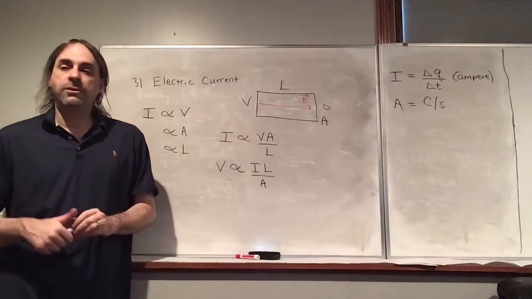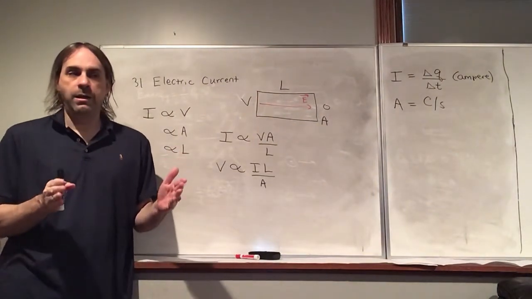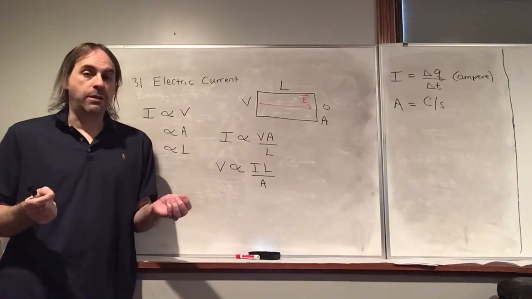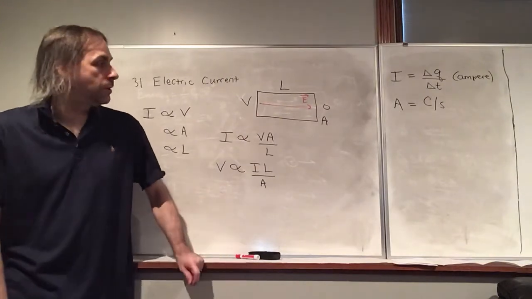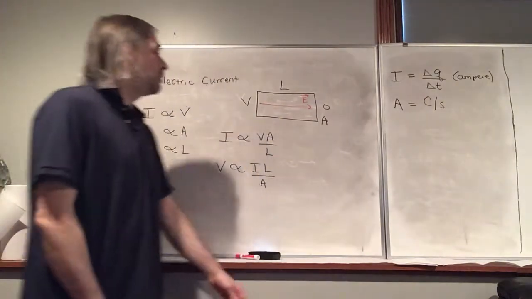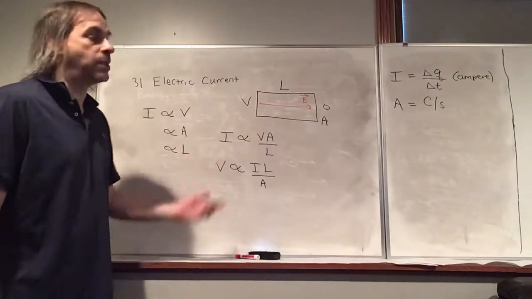If you apply a potential difference between a copper rod and a plastic rod, you will get enormously different results because one's a conductor, the other is an insulator.